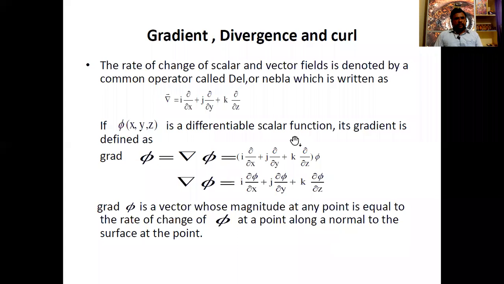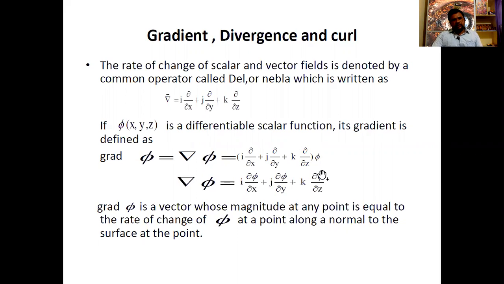If phi of x, y, z is a differentiable scalar function, its gradient can be written as grad phi equals del phi equals i dou by dou x plus j dou by dou y plus k dou by dou z into phi.